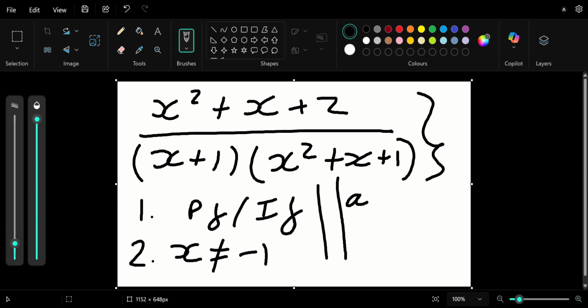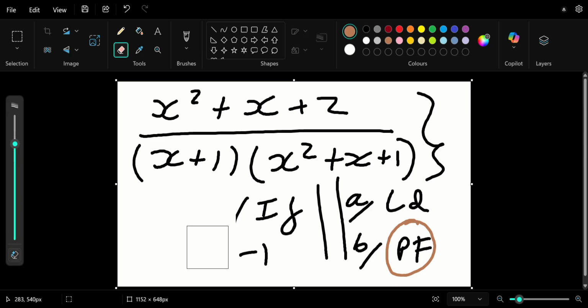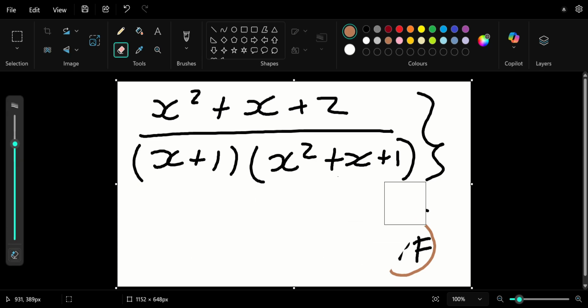You can either A, solve by algebraic or long division, or B, you can use partial fractions. Today we're going to be looking at the partial fraction method of solving. So let's do it. Let's solve this fraction and express it in partial fraction form.